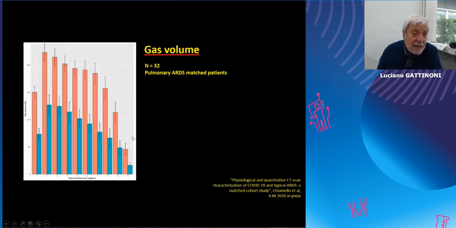Look at the gas. This is the sternum, this is the vertebra. At each level of the lung, we have double the gas compared to bacterial pneumonia. And these were 32 patients, pulmonary ARDS matched. To me, it's difficult to understand how it's possible to ignore these facts.